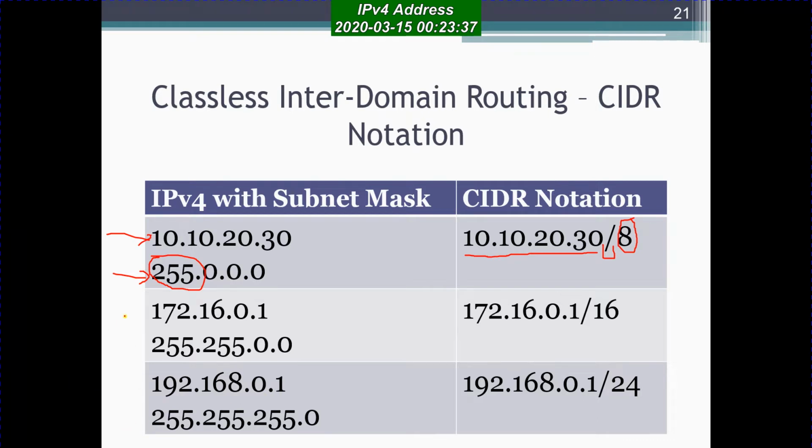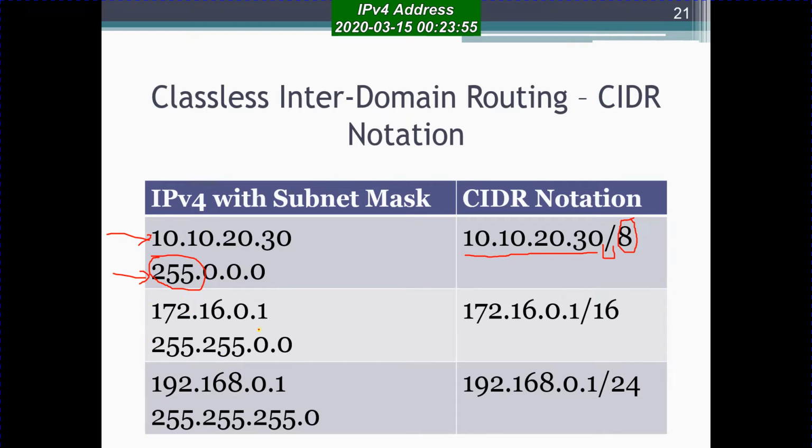Let's look at the next IP address, 172.16.0.1. It's given the subnet mask. It's the default, of course. You could have omitted the subnet mask if they mention the default subnet mask for class B, or it's okay, the subnet mask is specified here.